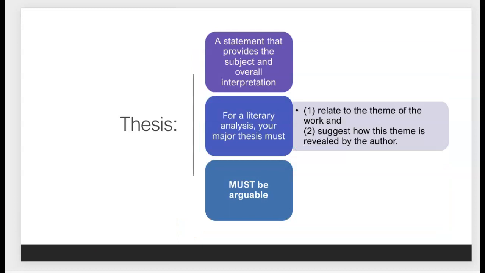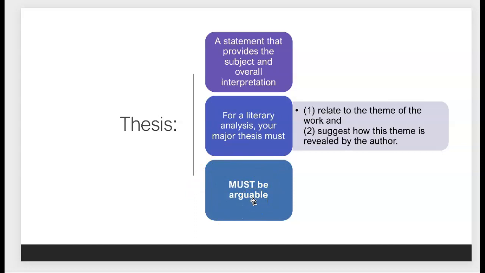So a thesis statement for your literary analysis is going to be a statement that provides the subject and overall interpretation. And it has to relate to the theme of the work and suggest how this theme is revealed by the author. The other thing that you want to remember is that it's got to be arguable. It's got to be up for debate.